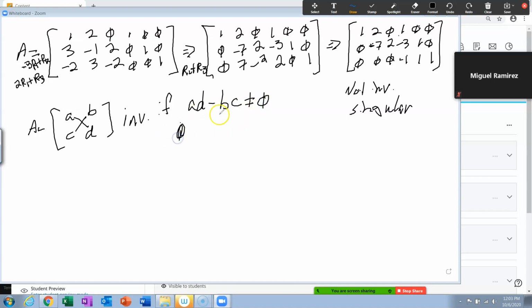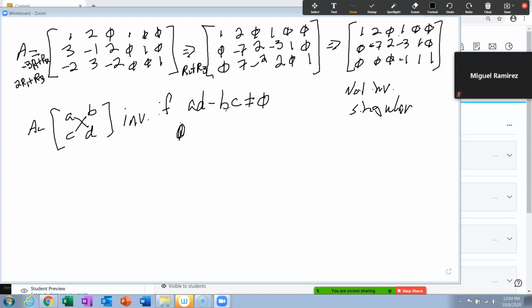If it is equal to 0, it's not. Now that wouldn't work on that 3 by 3 that we just did, because that's a lot more involved than that. But for a 2 by 2, that's how we check. If that cross product, AD minus BC or CB, it doesn't matter how you say that, is not equal to 0, it's an invertible matrix. If it is equal to 0, not invertible.